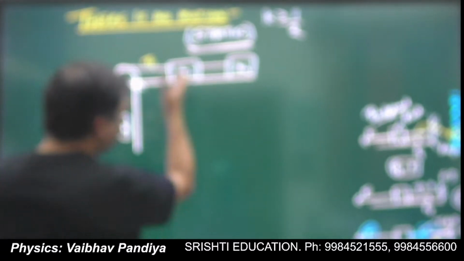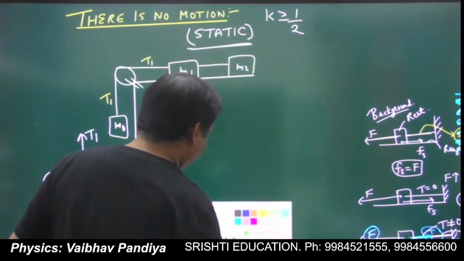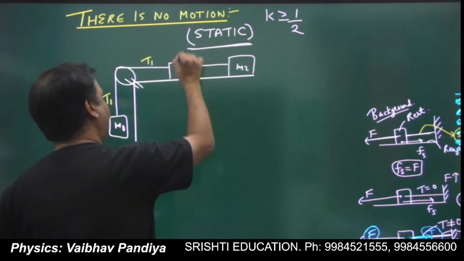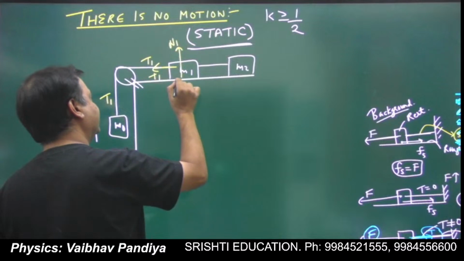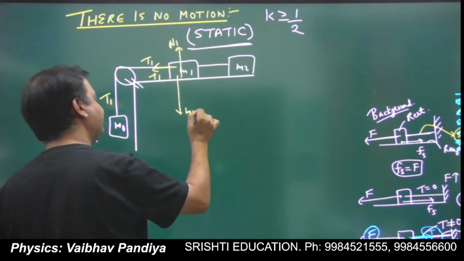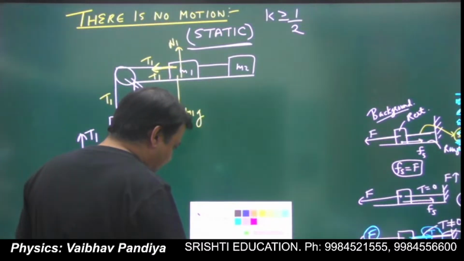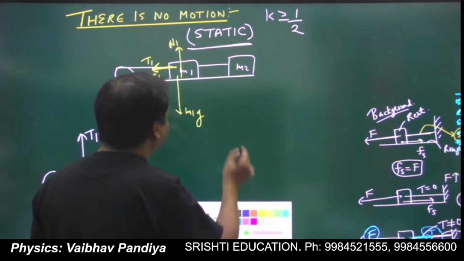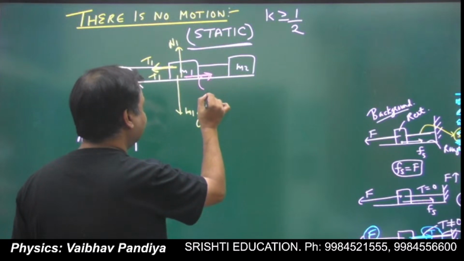If it is at rest, and we are talking about the rest condition, then k is greater than or equal to half. Now, if you come to the FBD of m1, m1 will have a force n1, T1 will act like this, m1g will act like this, and T1 is giving it a tendency for relative motion, so friction will oppose it. So friction will act here, say F1.